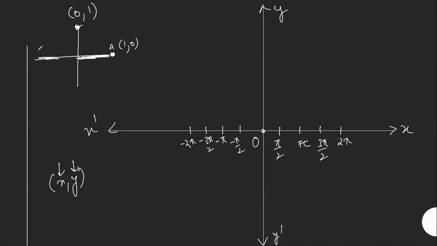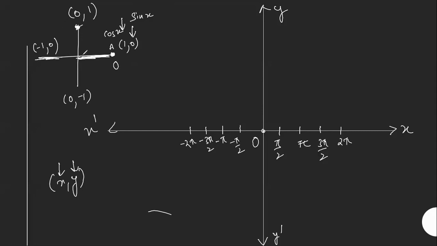Now this is negative x, so it is minus 1, 0. And then on the negative y, x is 0 and y is negative, so 0, minus 1. Always remember, whenever you are taking a point on the axis or on the circumference of the circle, the ordinate will be sin x and the abscissa will be cos x, always.